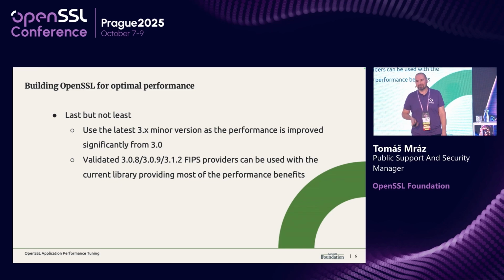And last but not least, of course, you should use the latest 3.x minor version, as the performance is improved significantly from 3.0 times. And you can use the existing validated FIPS providers with the current library, and you still get most of the performance benefits anyway, because the actual crypto implementation code in FIPS is not that affecting the performance.